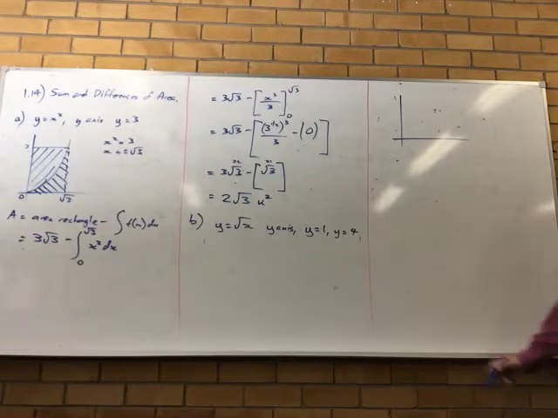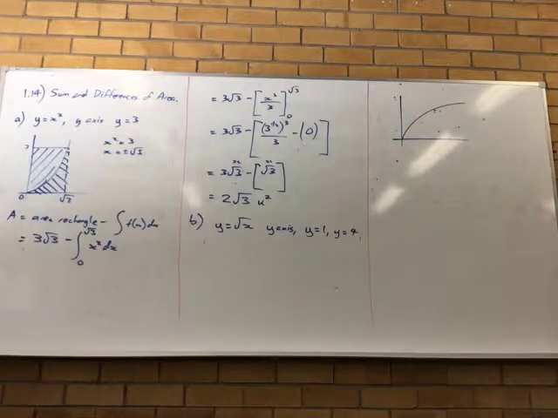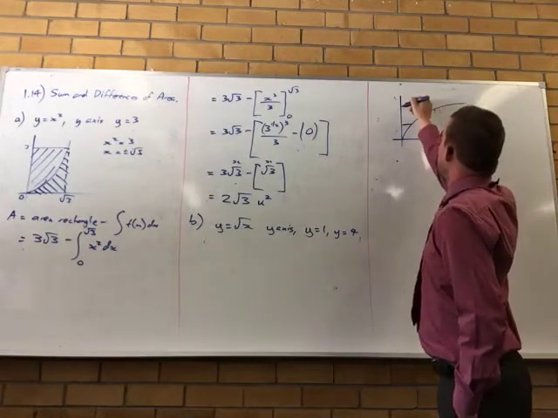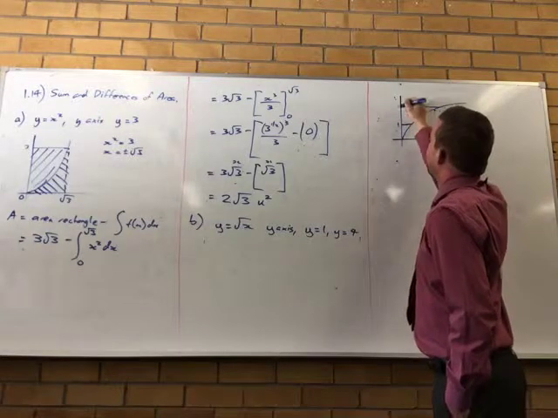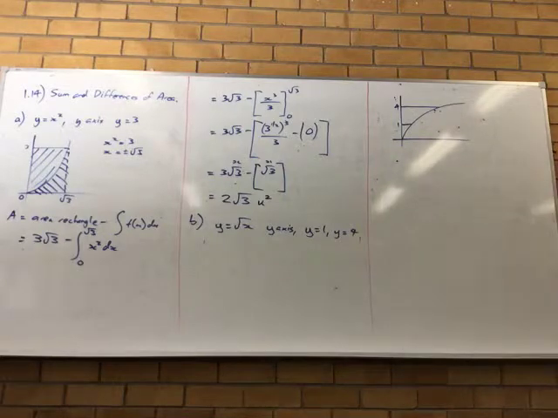Square root of x, so the curve is increasing at a decreasing rate, and we'll speak more about that sort of terminology in calculus, which we'll do next term. So from y equals 1 to y equals 4. You've got to be careful with this one though. I feel that the answer is going to be 21.